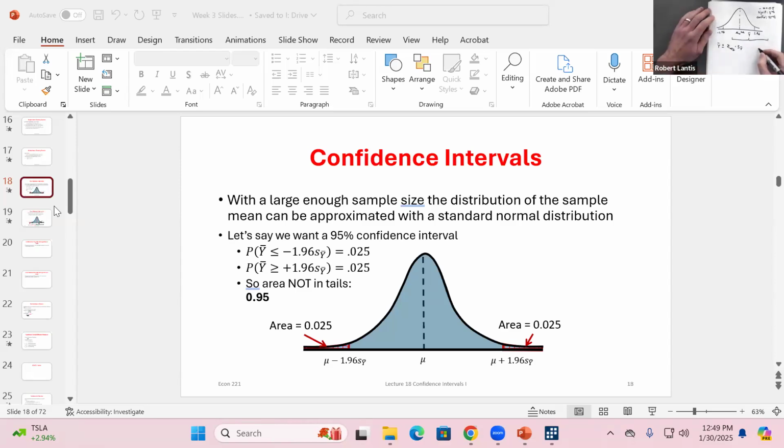Now, we know the standard deviation of that sample statistic. We're calculating it using the sample variance over the sample size, or if we happen to have the population variance, we can use it there as well. So to get our lower bound, we're going to subtract what we're going to call our margin of error. And to get our upper bound, we're going to add that, okay?